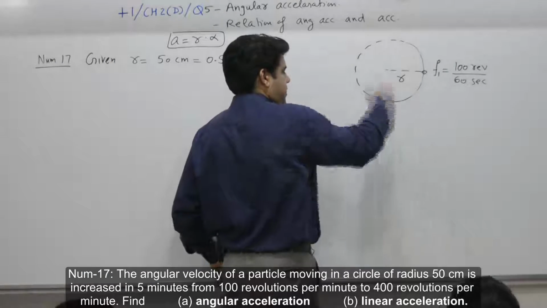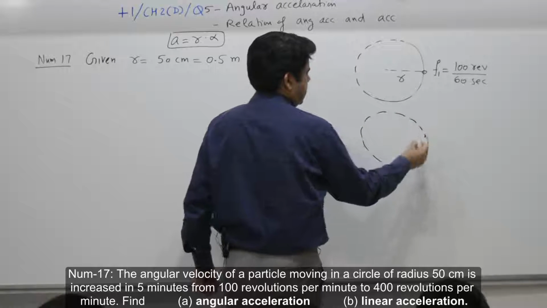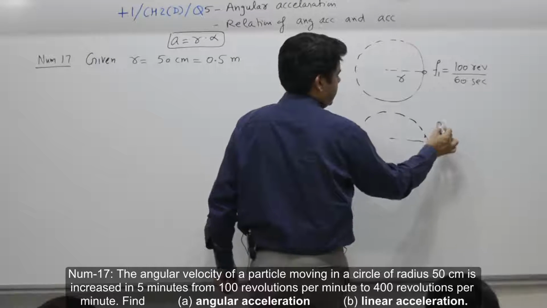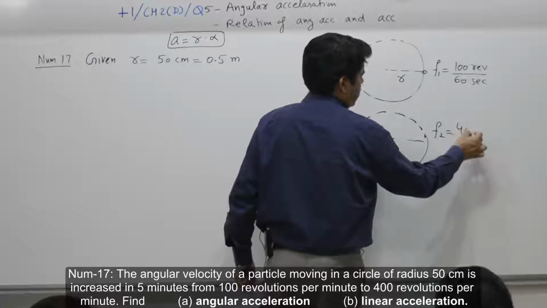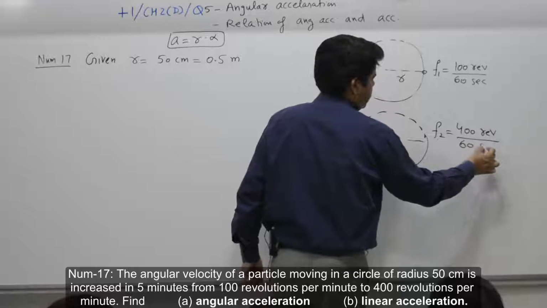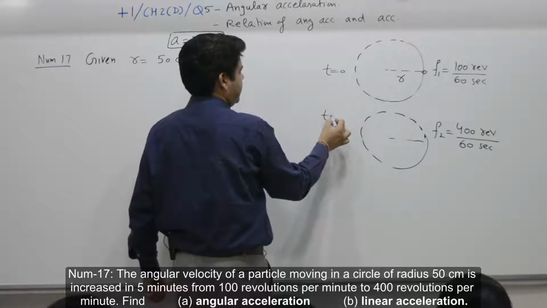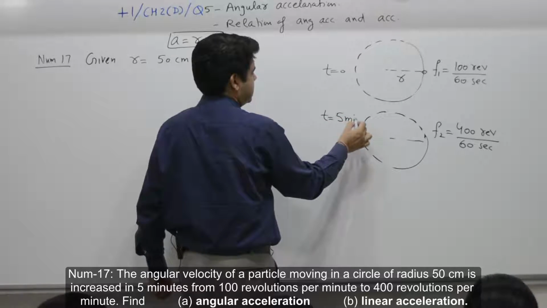The speed increases: in the second case, the same particle rotates at 400 revolutions by 60 seconds. This is a photograph at t equals 0, and this is a photograph at t equals 5 minutes.